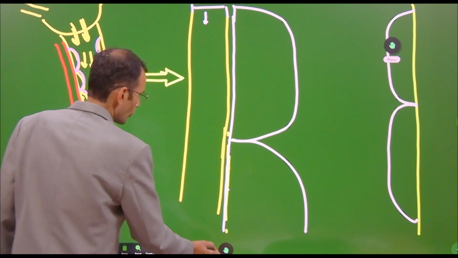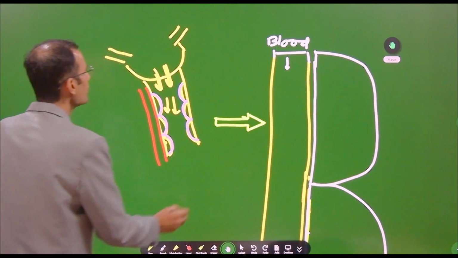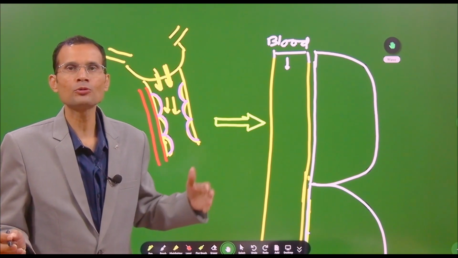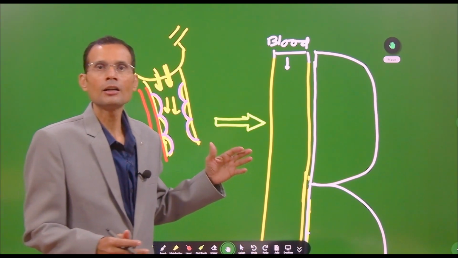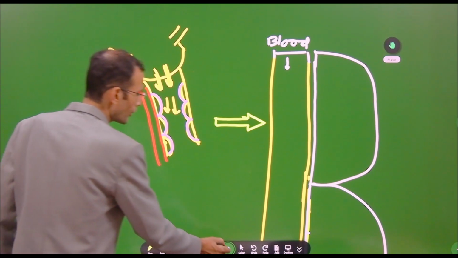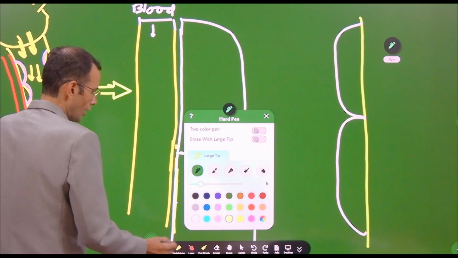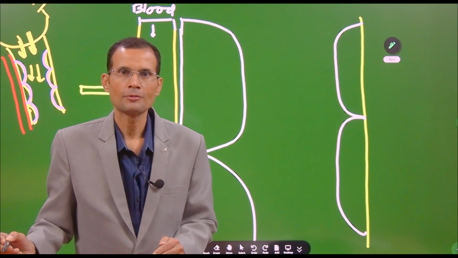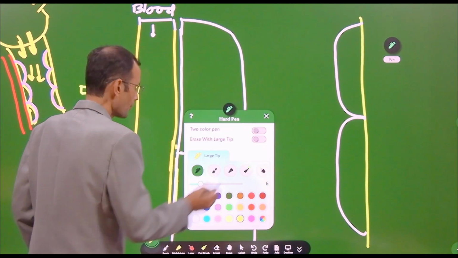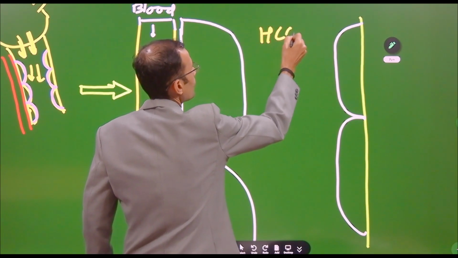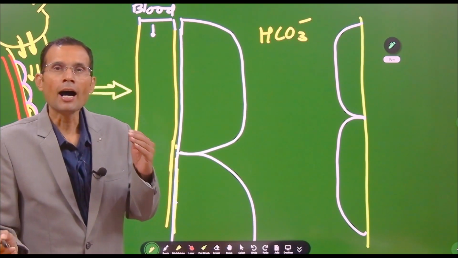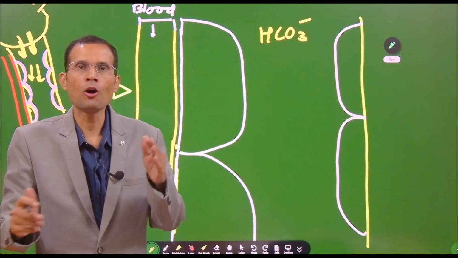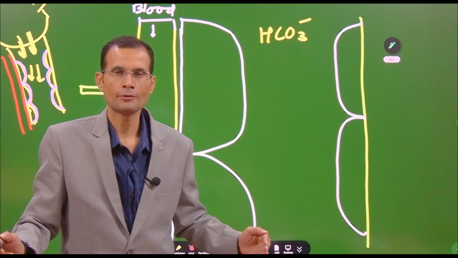All right. So this is a representative diagram. The bicarbonate has been filtered, and I told you about 4320 milliequivalents of bicarbonate filtered every day. It starts flowing down the PCT. A very important point is to be highlighted here. That is, bicarbonate is in ionic form, and you know that the ionic forms are less diffusible.